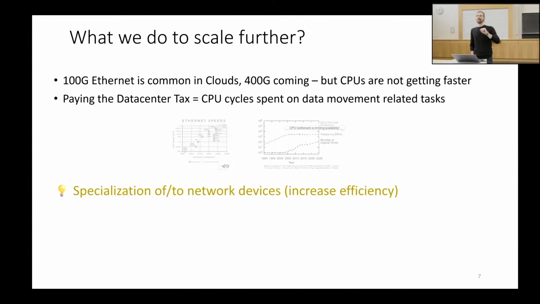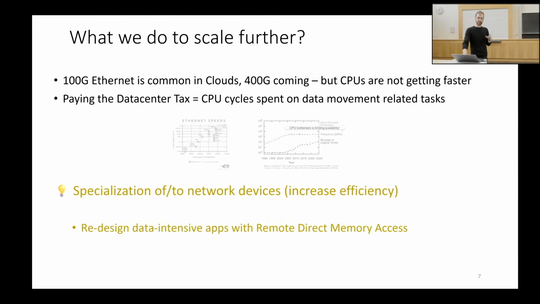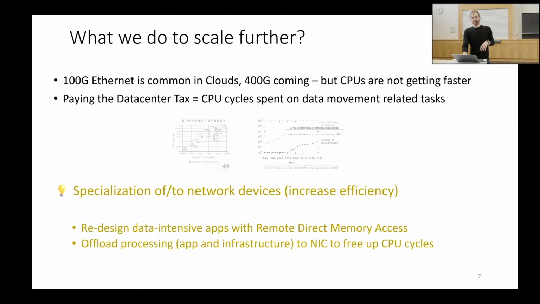For instance, make network interface cards have some kind of compute capabilities that help the application on top. Okay? So this is what we do in one part of the research in the group. And again, one big part of it is redesigning databases or data-intensive systems for RDMA. And another big part is offloading processing to the network infrastructure.